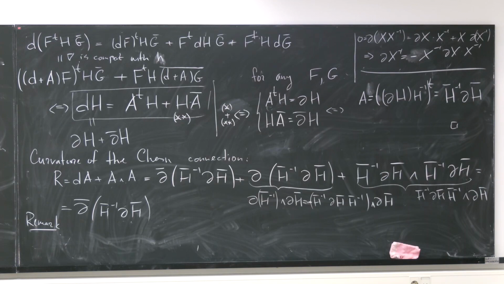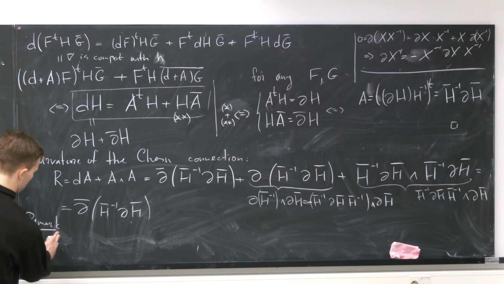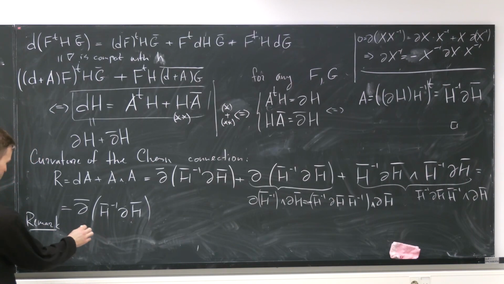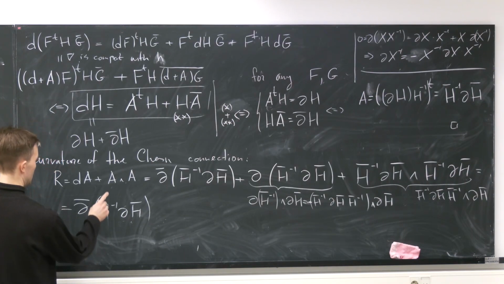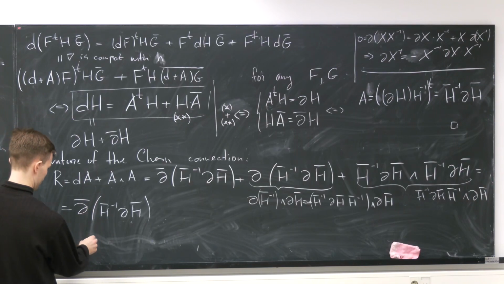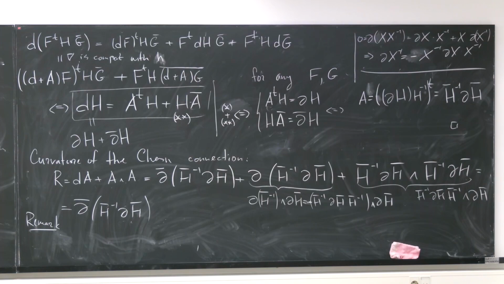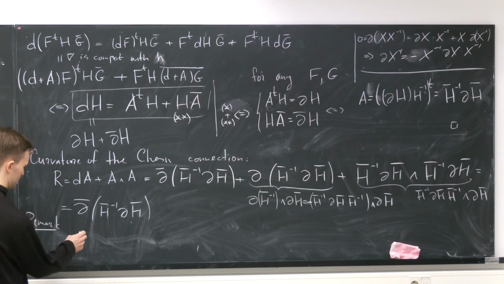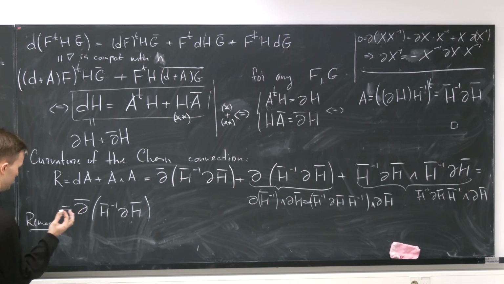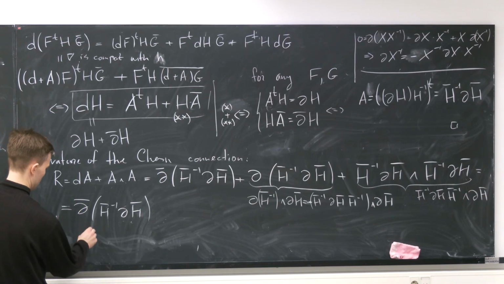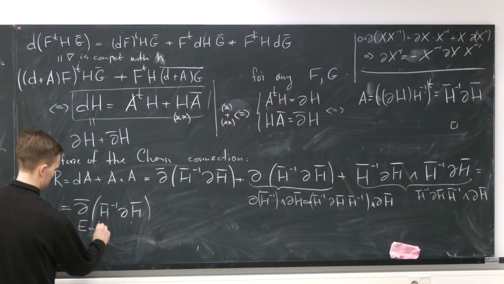If I have an endomorphism of some vector bundle E with a Hermitian metric, then there is the complex conjugation, or the Hermitian conjugation operation, that I can apply to this endomorphism. How does it work?